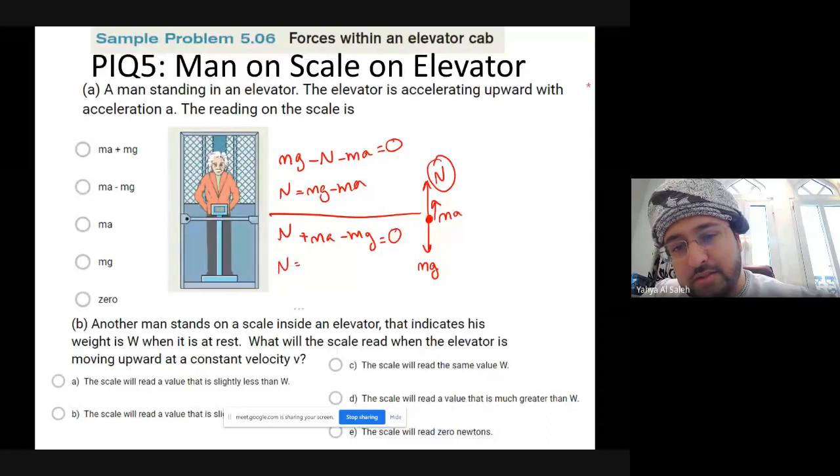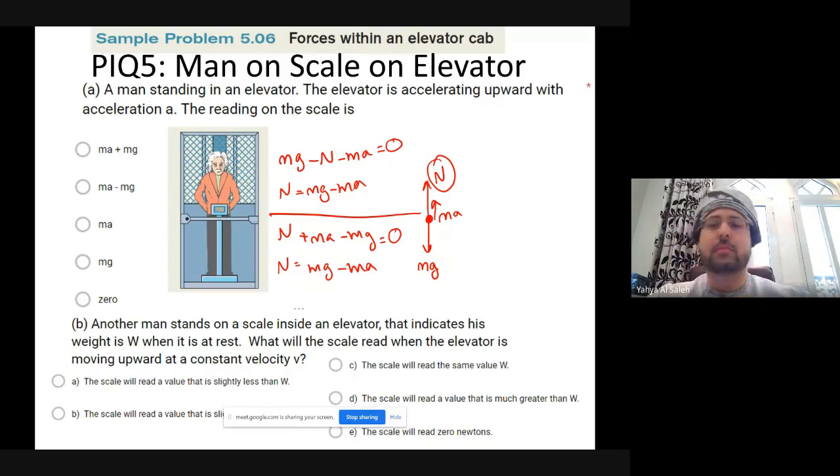Which means n is equal to mg minus ma. Interesting. Very interesting. Why are none of my options correct? I might have made a mistake.